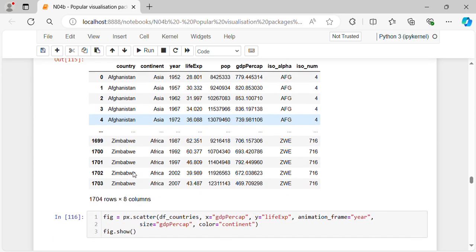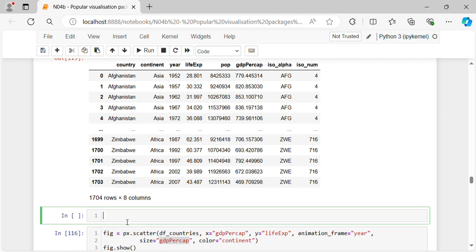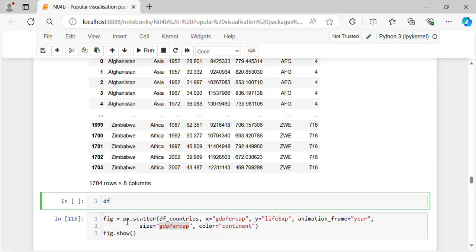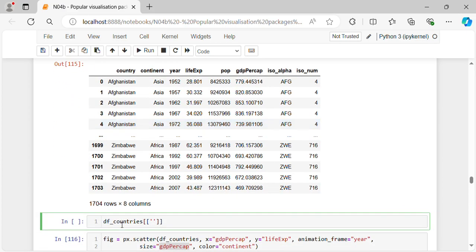If I want to find out which countries are there, let me see. Cell above. So we have DF countries, and we want to subset country and continent.